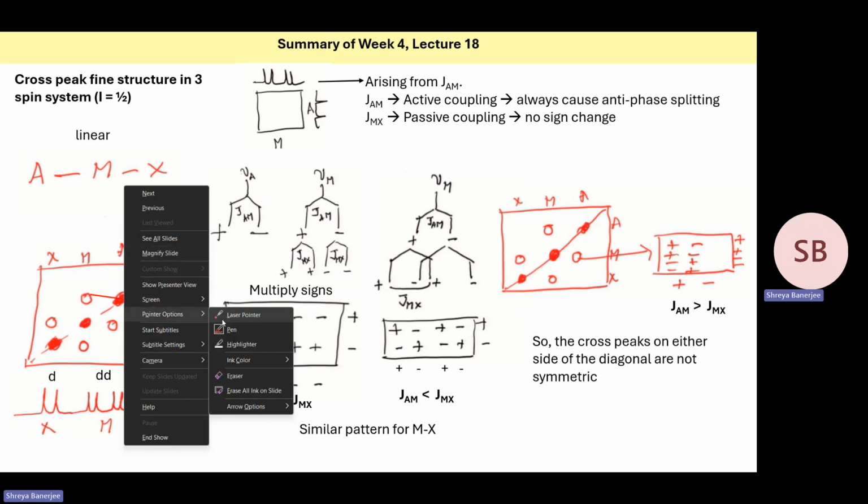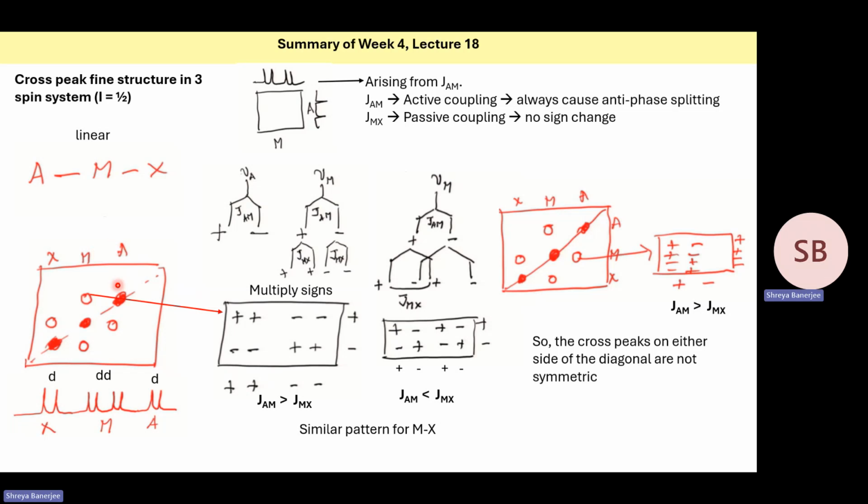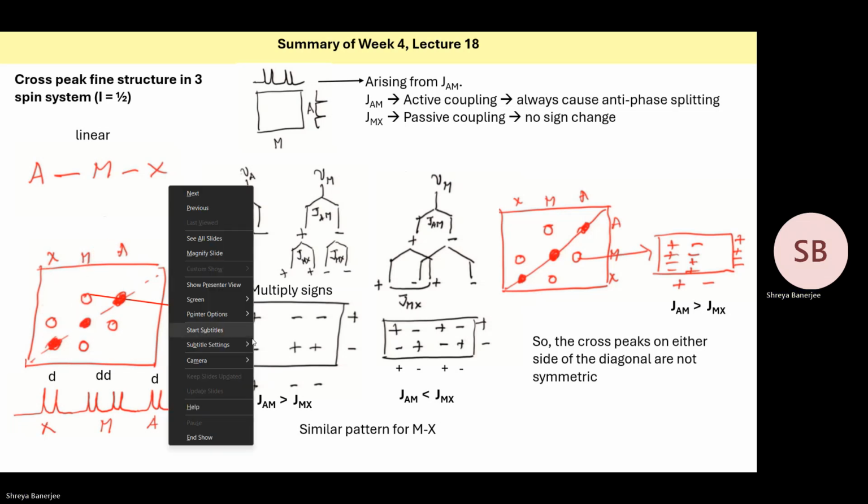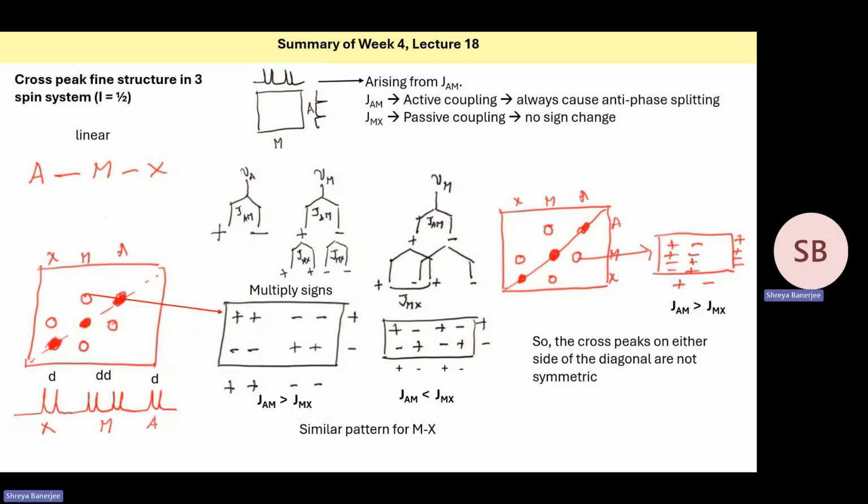You can see that A is this, M is this, and X is this. A and M will interact. Again, M and X will interact. We'll ignore the mirror image cross peaks. Now we will look at this particular peak, which is the interaction of A and M.